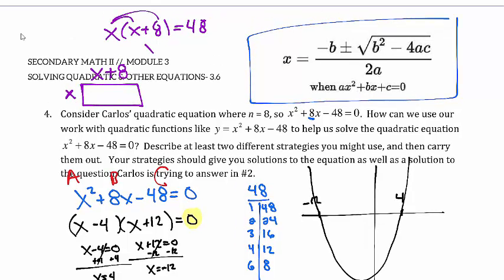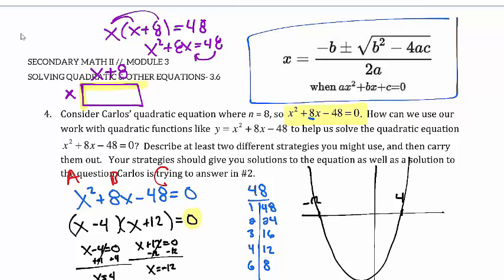We distributed, and then we subtracted it and got it equal to 0. So here's his equation. You can plug in any width and it'll tell you the area if the length was the width plus 8. We want to know a solution for that, the one that'll actually make it 48.